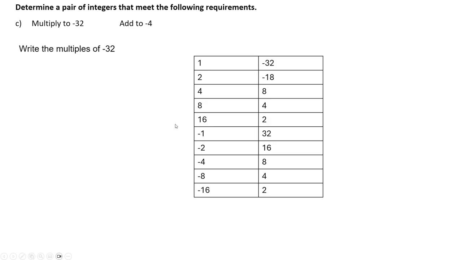But only one of these pairs will add up to be negative 4. And that just happens to be negative 8 and 4. So we have to look at each one in turn and find one that adds up to negative 4. Then we'll have our answer.